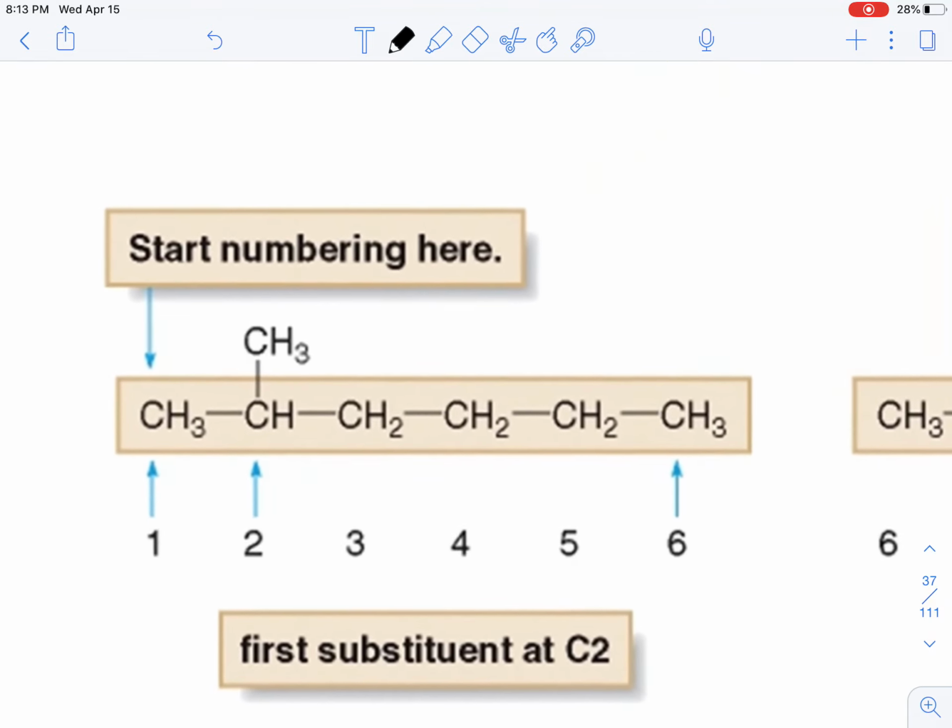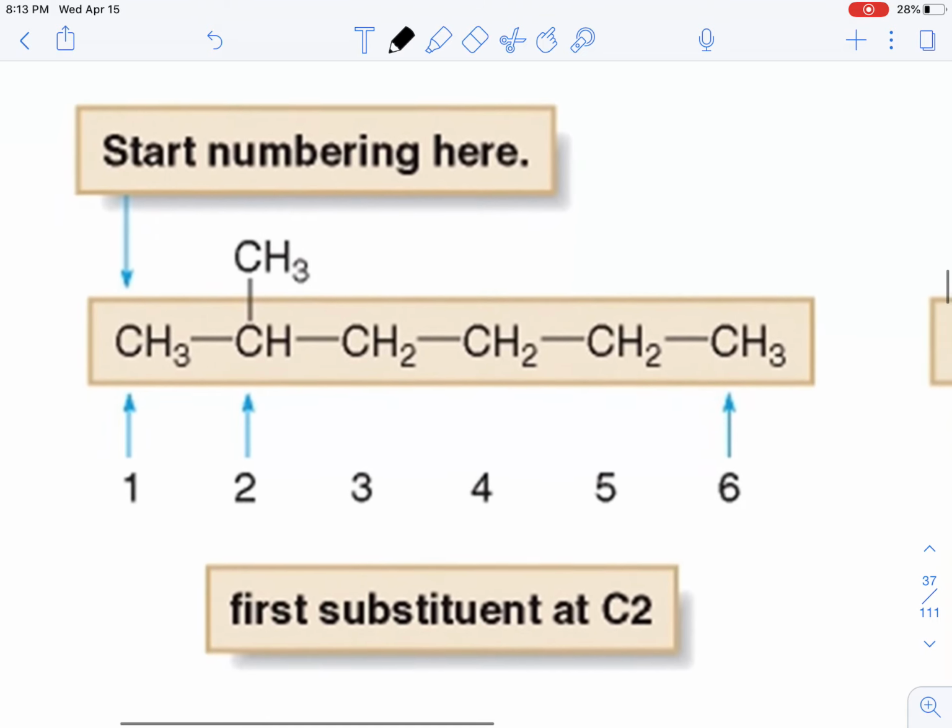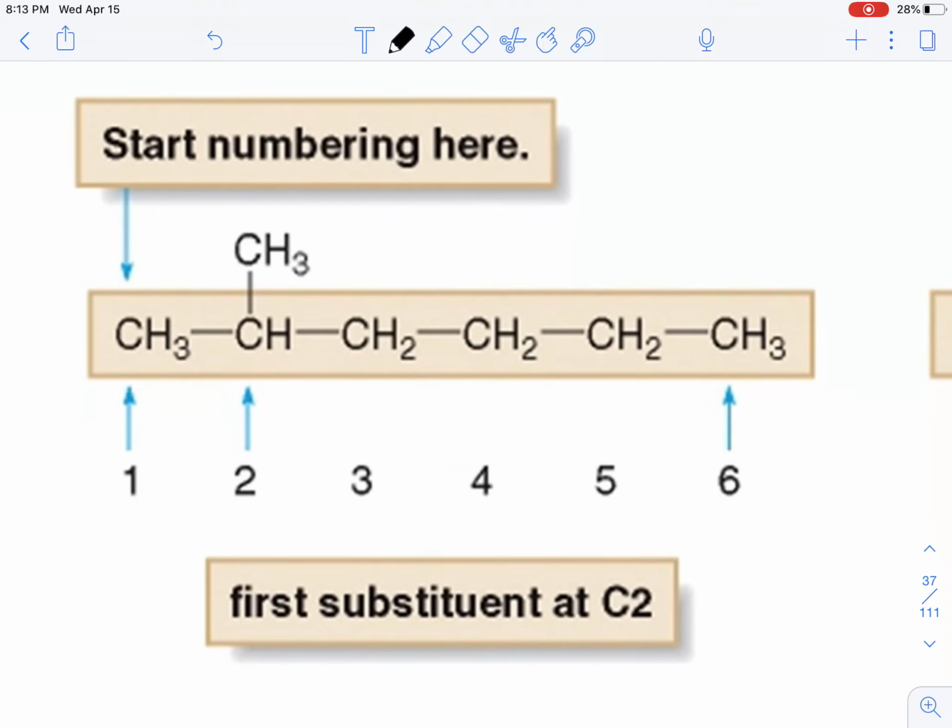So what do I mean here? If you look at this image, remember how in the previous lecture or earlier this lecture, I was numbering my carbons or my heteroatoms as I saw them. I didn't pay attention to any rules, simply because I wasn't naming it.